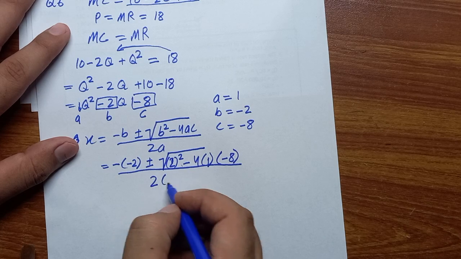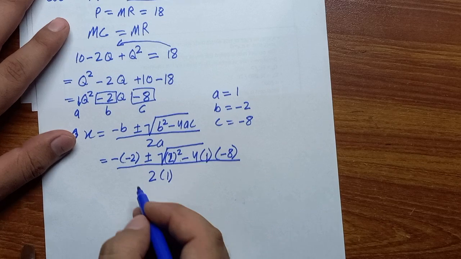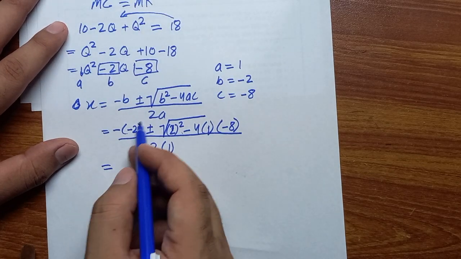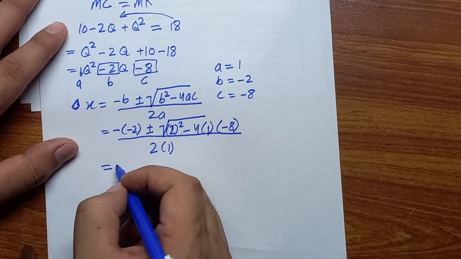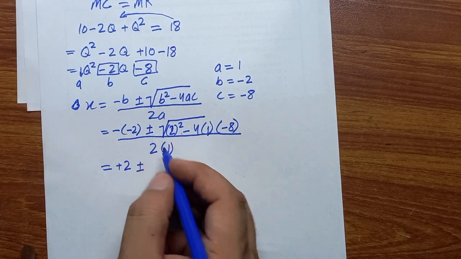So instead of a, I will write 1 because the value of a is 1. Now minus into minus is plus 2, plus minus is in the formula.